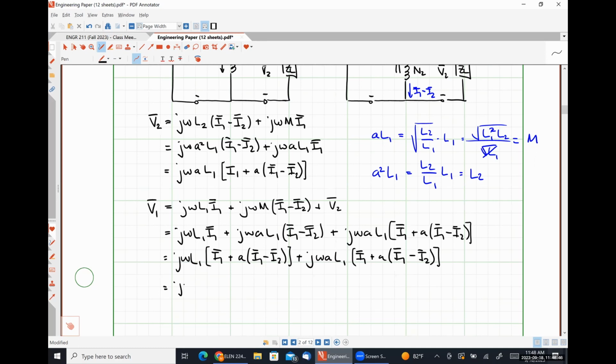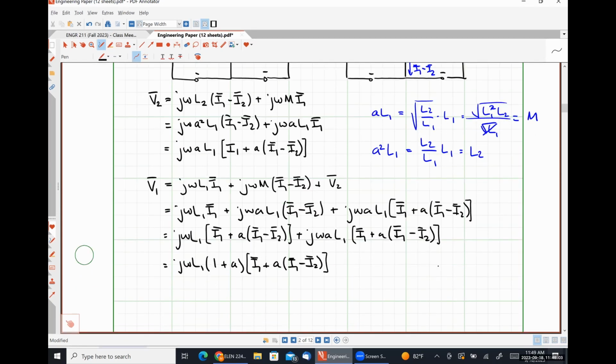So that's going to look like j omega L1 times (1 plus A) times I1 plus A (I1 minus I2). Anybody have a problem with that?